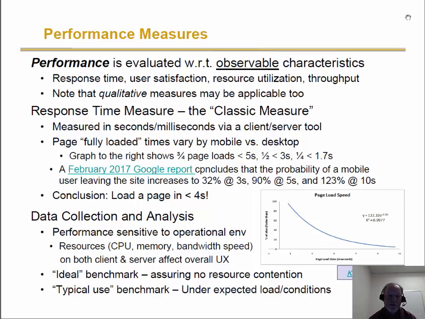It concludes that the probability of a mobile user leaving a website increases to 32% once you reach 3 seconds waiting for the page to load, 90% at 5 seconds, and 123% at 10 seconds. So they're more than 2.25 times likely, roughly, at 10 seconds to leave.